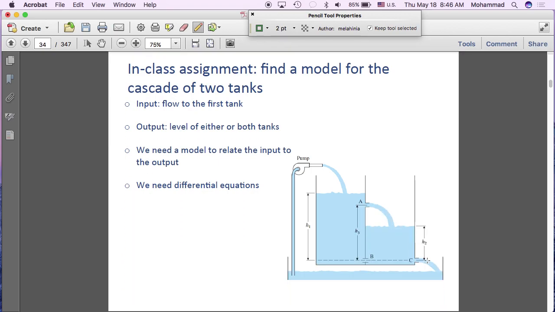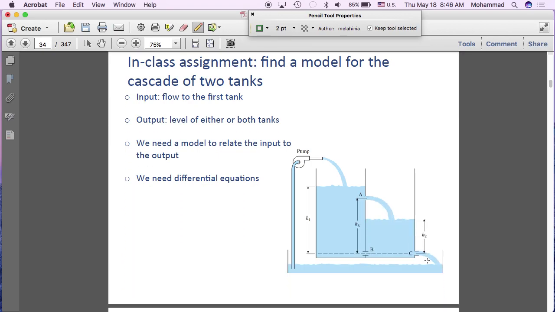So here's your challenge. It's a slightly different appearance of a tank, but you have all the tools to model this tank. I'll give you a couple of minutes to go ahead and model this tank.